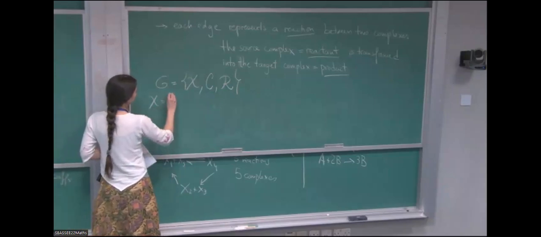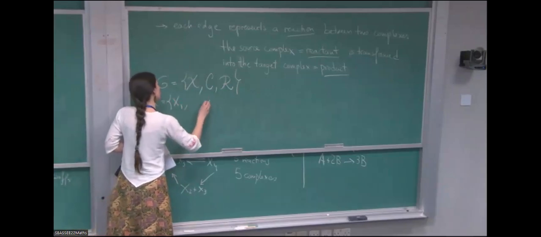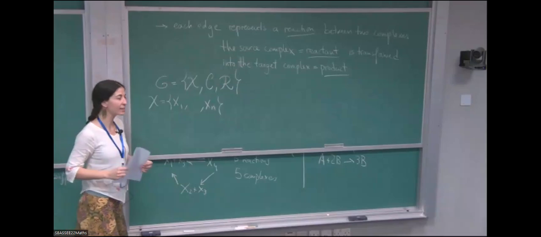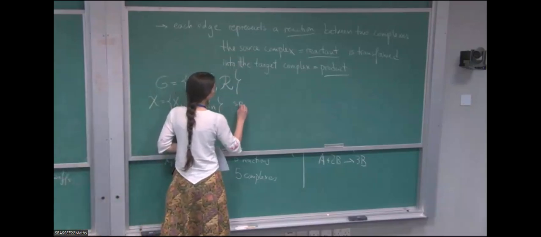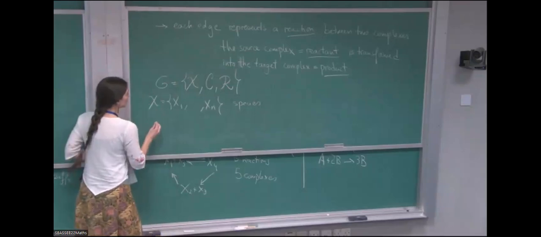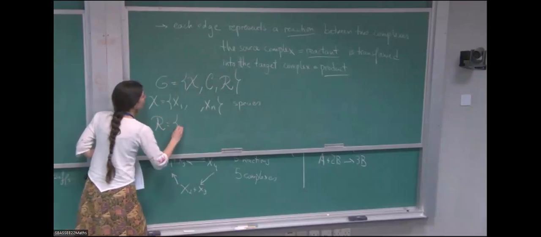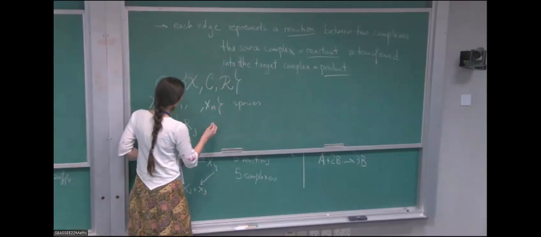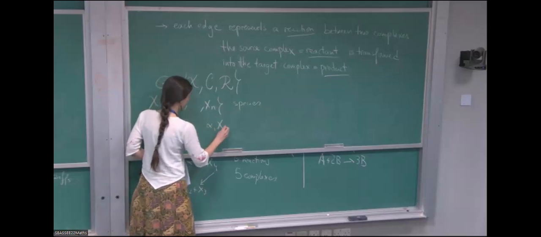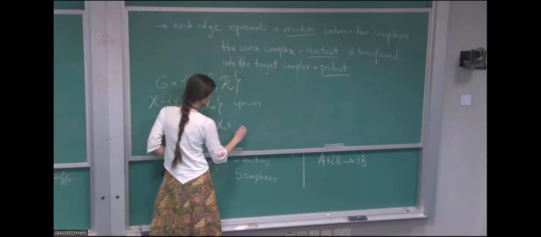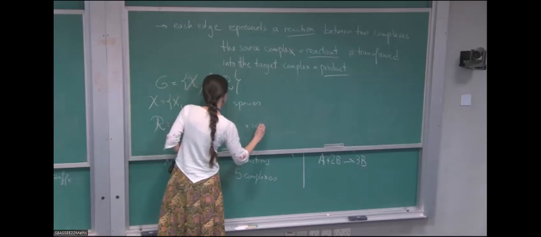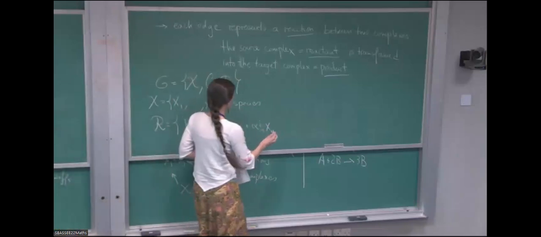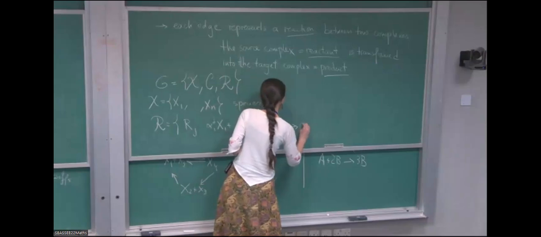where X will have n species that in general I will write by X, like big capital X. The reactions will be of the form such a linear combination goes to some other linear combination.